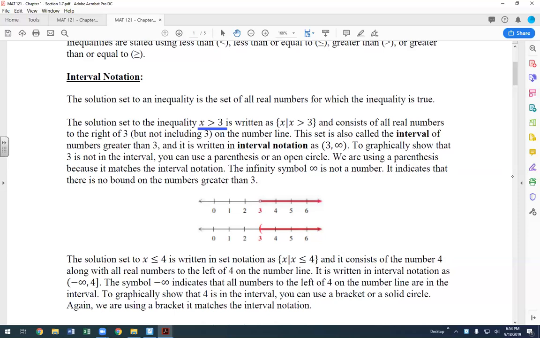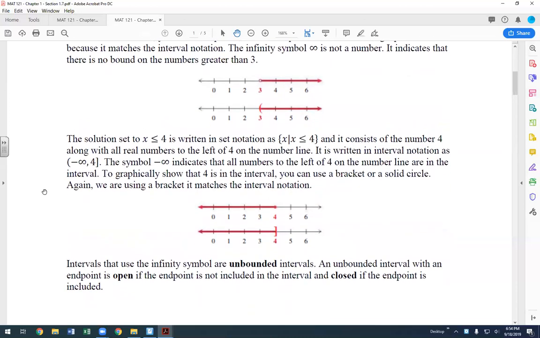So depending on what textbook you are looking at, some of them like to use this open circle when they're doing the number line, but we're actually going to be using parentheses. So when you're not including a number, you use parentheses. When you are including a number, we use brackets. So here you can see we are saying x is less than or equal to 4. So when we use less than and equal to, that means you're also using the number as part of your solution set.